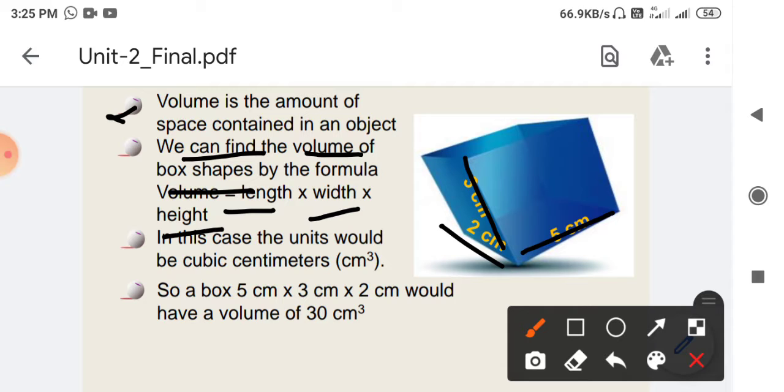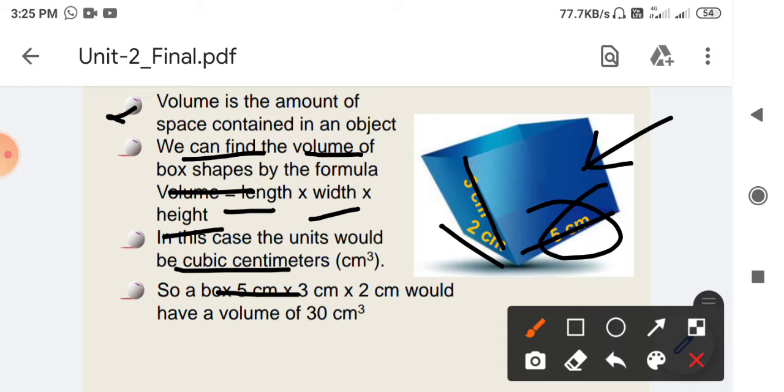In this case, units would become cubic centimeter, because the base unit that we have used is the centimeter. So what will the volume of the given box be? The volume will be 5 into 3 into 2, that is 30 centimeter cube.